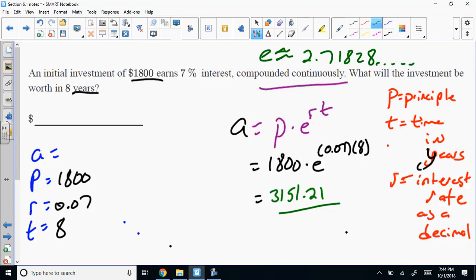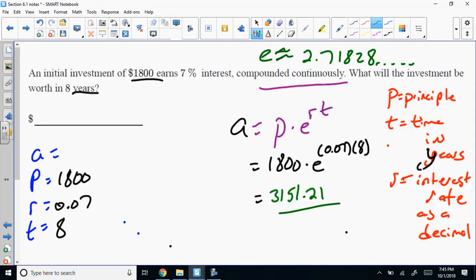Does the MultiView have a 10 and an E button? What do those look like? Or do they have an LN button? That's an LN. Above LN's the E to the X, right? Okay. So 1,800 times E raised to the 0.07 times 8.